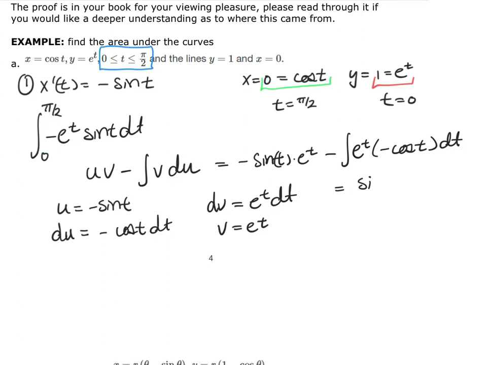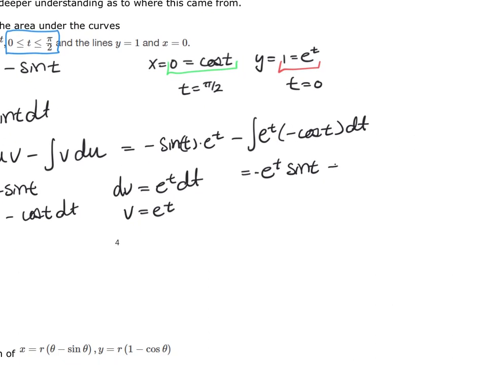I'm going to write e to the t first because I just like it first. So e to the t, the sine of t, don't forget your negative, plus the integral of e to the t, the cosine of t, dt.